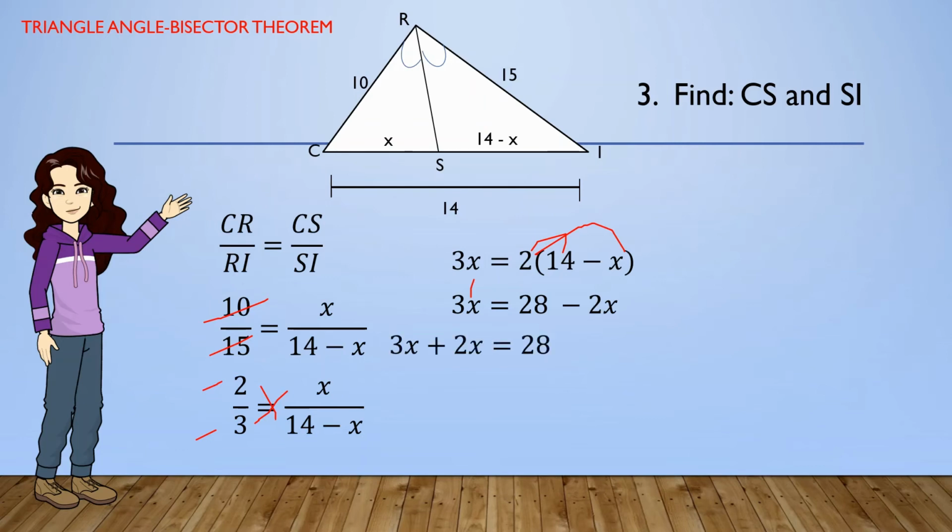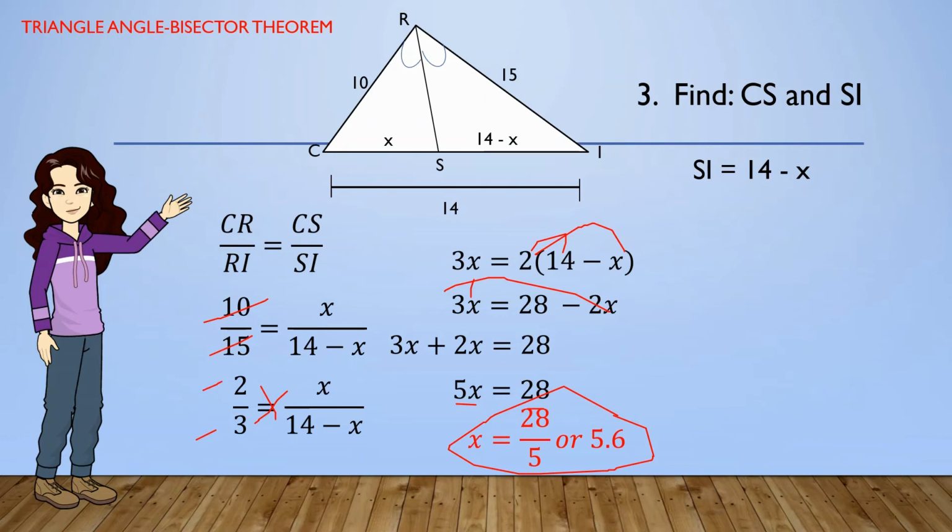Then transpose using the addition property: 3x plus 2x is equal to 28. 3x plus 2x is 5x, equal to 28, divided by 5. So x is 28 over 5, or in decimal, 5.6. So this is our x.